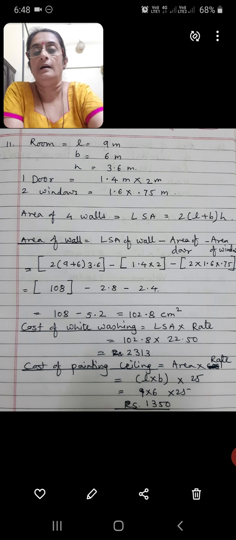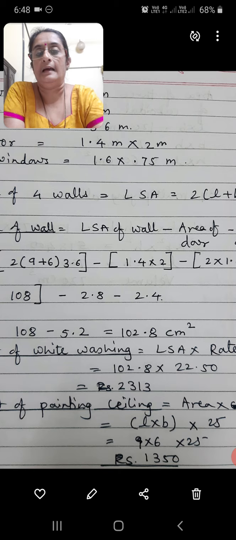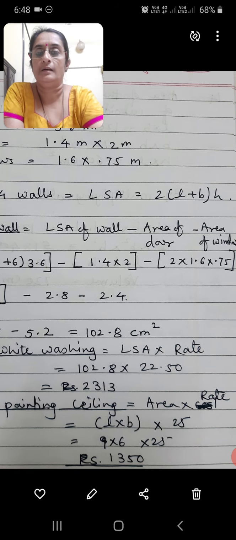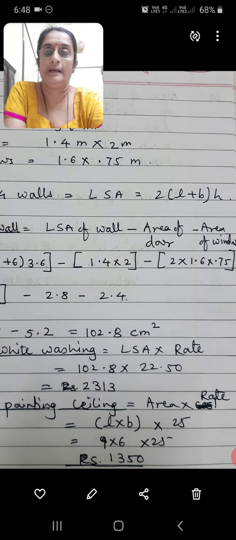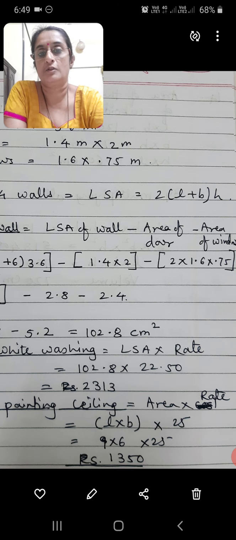Area of wall, that is LSA of wall, because only four sides we are going to calculate. If it is total surface area, the ceiling and the floor also will be calculated. So here we don't want that, we only want four walls. So lateral surface area of wall minus area of door and minus area of windows.